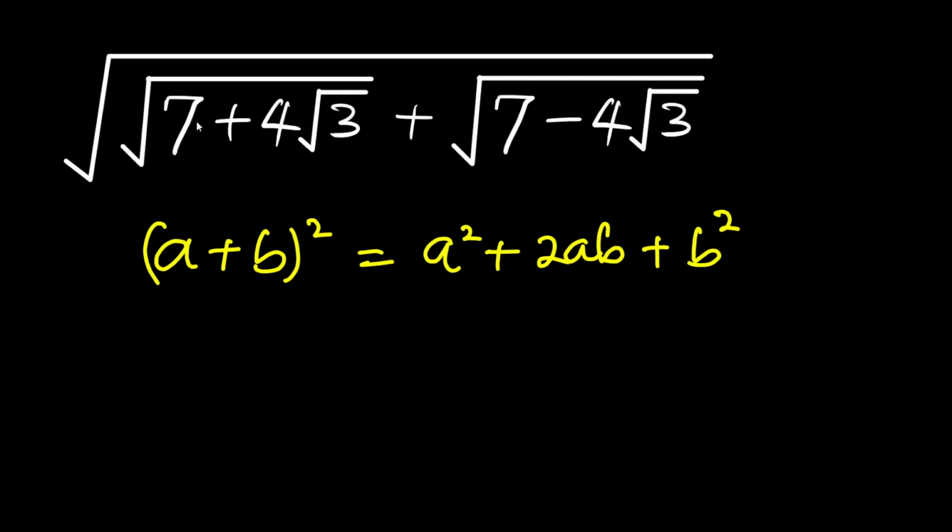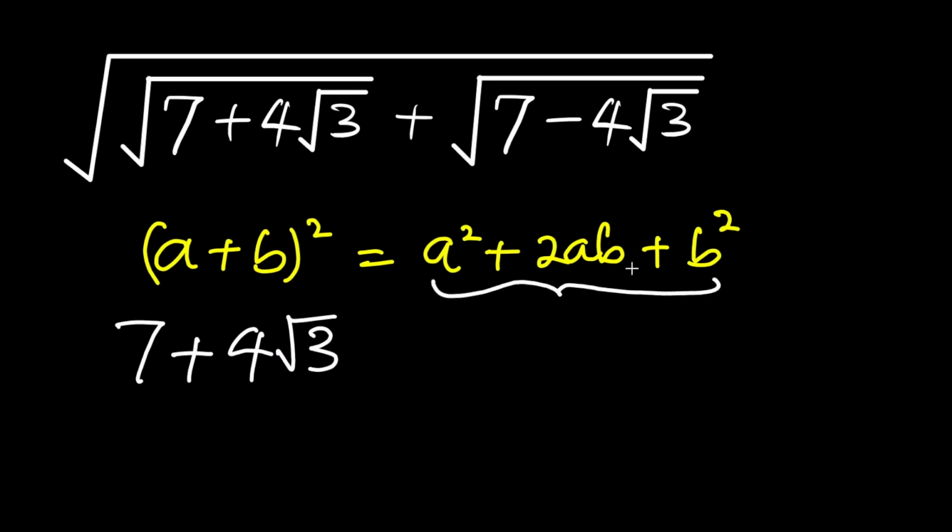We start by bringing down 7 plus 4 root 3. Now we are going to solve this backwards. So what that means is a plus b all square is already in this form, so we are trying to take 7 plus 4 root 3 back to this form.